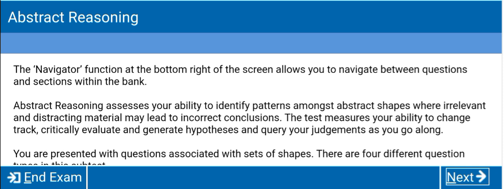Abstract reasoning assesses your ability to identify patterns amongst abstract shapes where irrelevant and distracting material may lead to incorrect conclusions. The test measures your ability to change track, critically evaluate and generate hypotheses, and query your judgments as you go along.